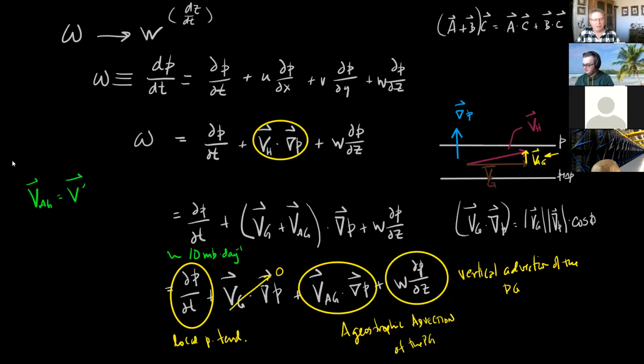So I want you to keep this in mind, that sometimes you see the perturbation. This little prime means the one that falls outside of. So ageostrophic and that symbol are the same. Just keep that in mind, okay, guys?